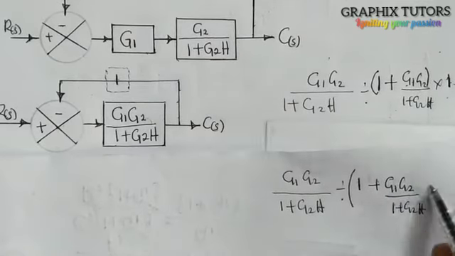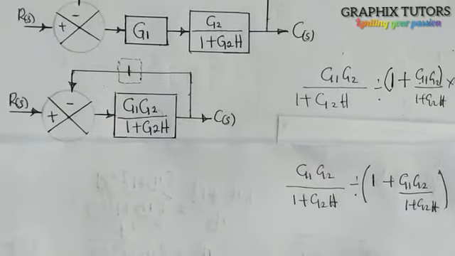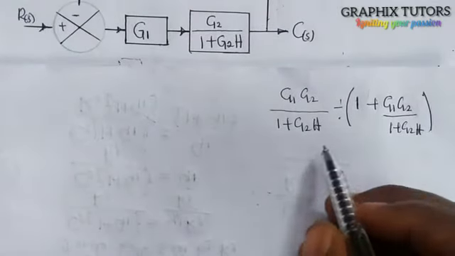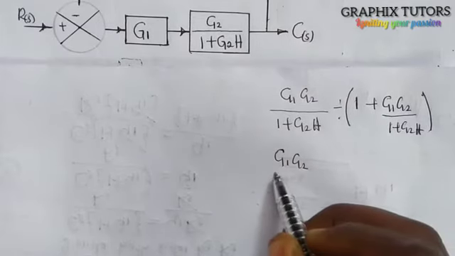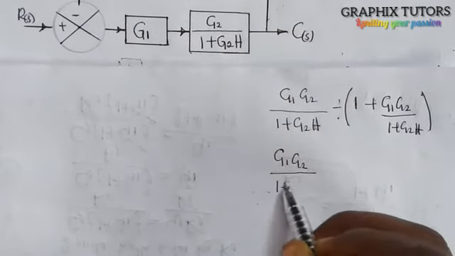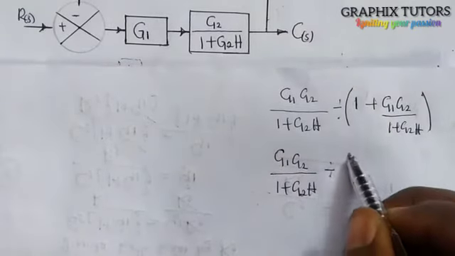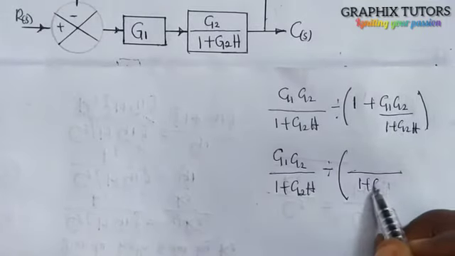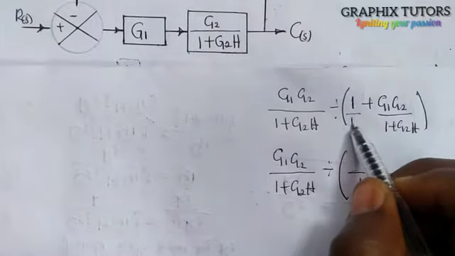So this is another one here. If you do the LCM here, you are going to be having G1 G2 all over 1 plus G2H divided by, now the LCM of this is 1 plus G2H, and this is like having a silent one under.